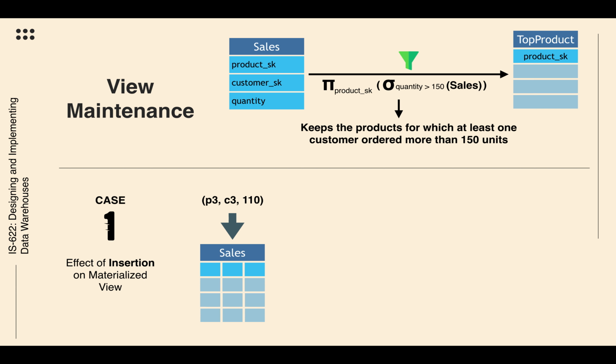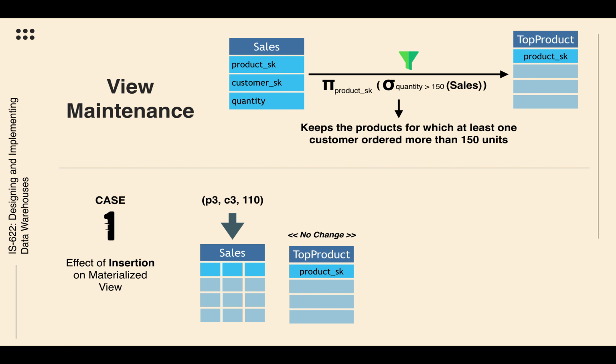That would be, let's say, P3, C3, and 110. I'm not adding a new product because the sales table is a fact table, right? So a customer C3 purchased a product P3, and the quantity that he purchased was 110. So I want to add a new record to my sales table.